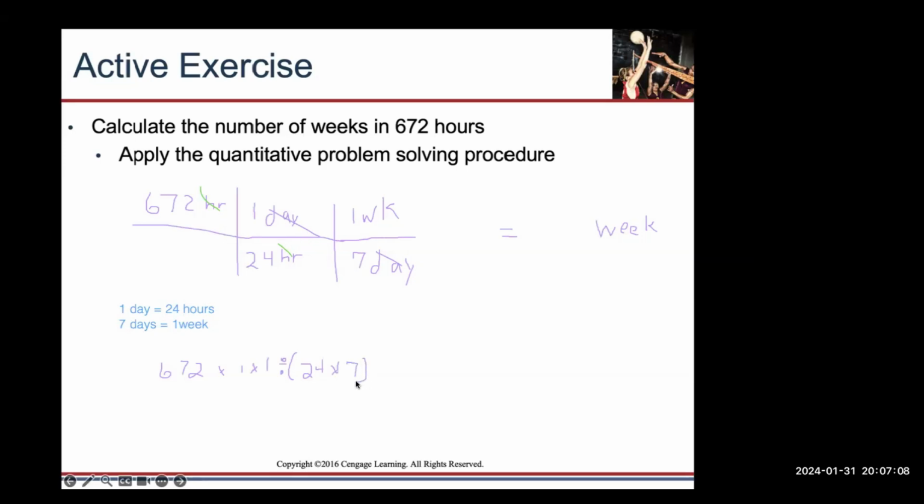Okay, so we know anything times 1 is going to be itself. So then we're going to end up with four weeks.